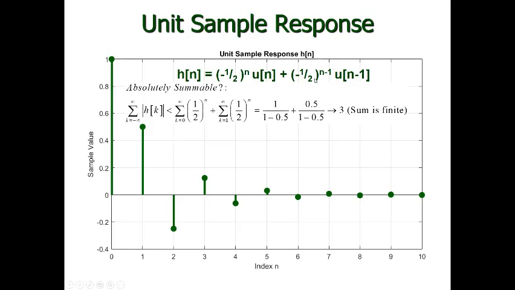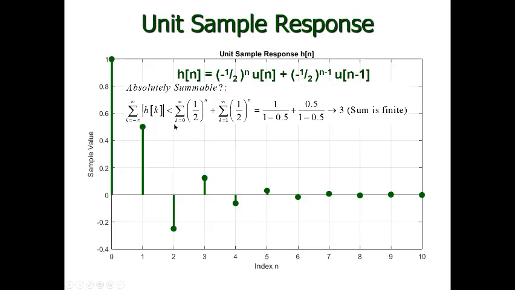If we tried to find the sum of this, it's a little tricky, but if we find the sum of these absolute values, these are going to alternate back and forth. One of them is always going to be positive, one of them always negative. Each term is going to be getting smaller and smaller.